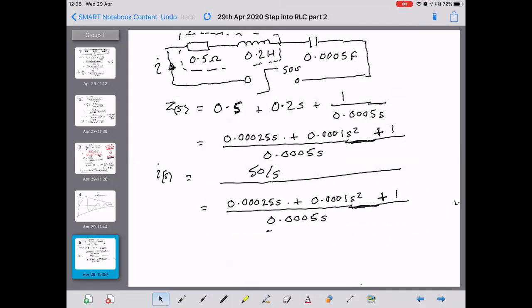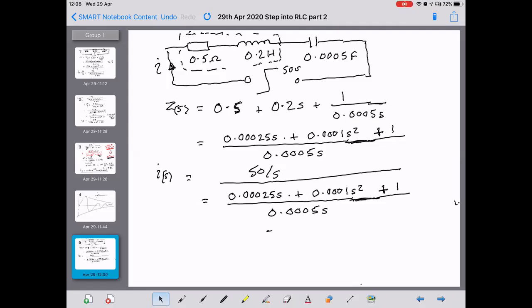Let's see. Divide by 0.0001. All happy with that?